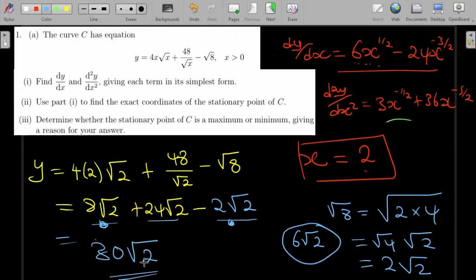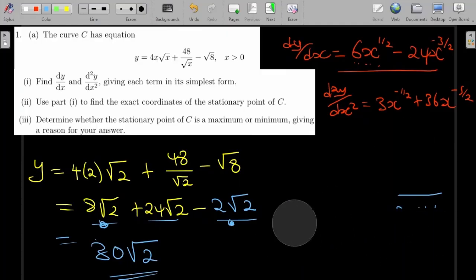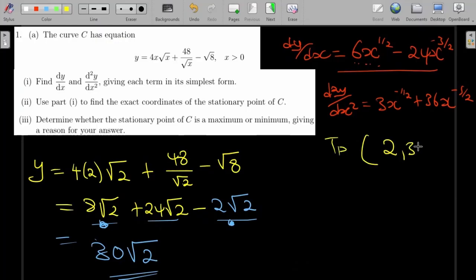Okay, so this is the y coordinate of the stationary point, or in other words, the turning point. So we can write the turning point here. The turning point or the stationary point is simply 2, 30 root of what? 2. Okay, so those are the coordinates of the stationary point.